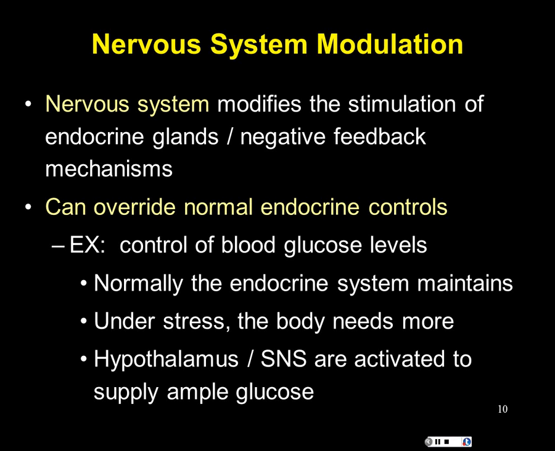When you're in that fight or flight state, the nervous system can take over the more slow-acting endocrine system, because the nervous system needs to fix whatever the problem is, or perceived problem, if you will.